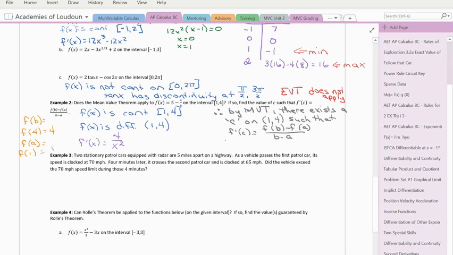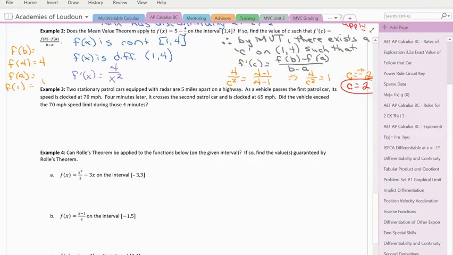So we have that 4 over c squared is equal to 4 minus 1 over 4 minus 1, which gives us that 4 over c squared is equal to 1, or c equals plus or minus 2. However, c equals negative 2 is not in our domain, so we know that there is a value at c equals 2 such that f prime of c is equal to my average rate of change.